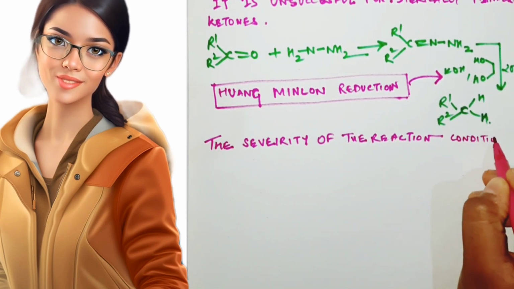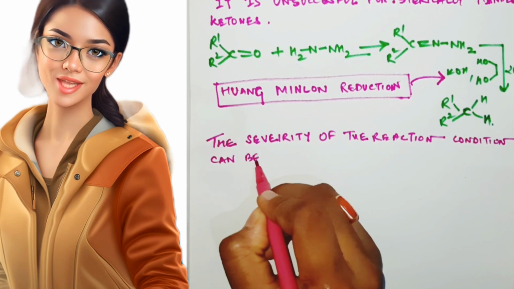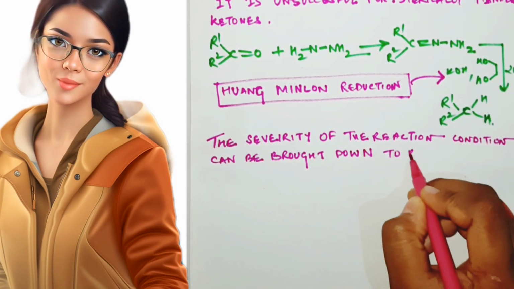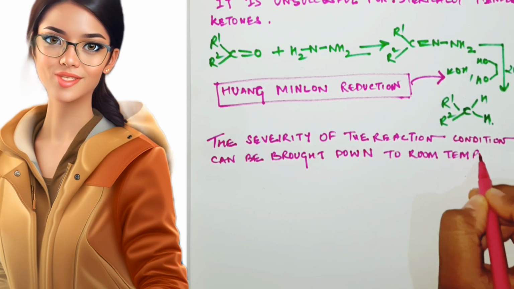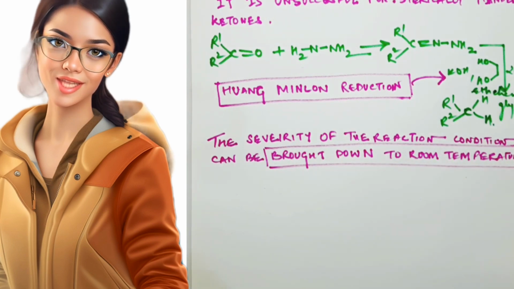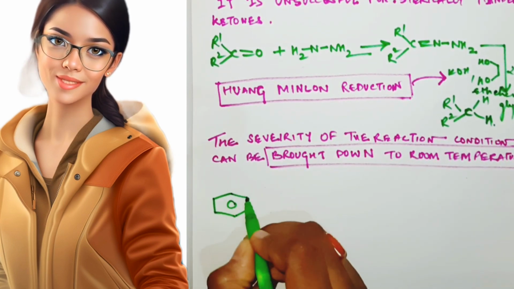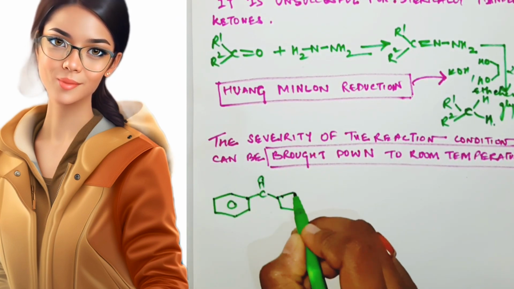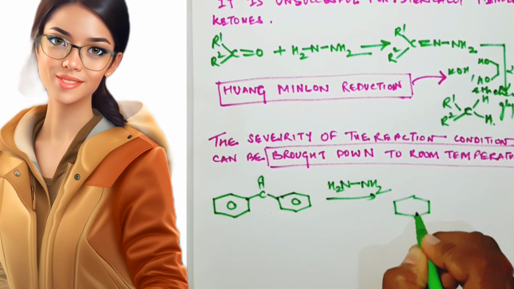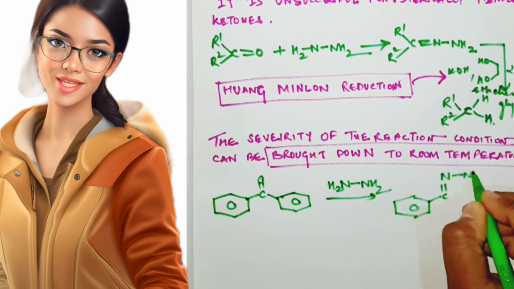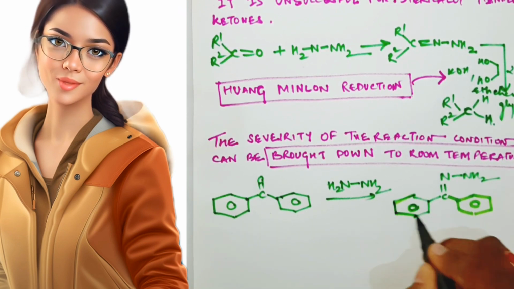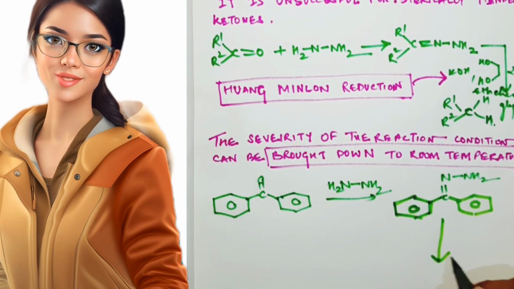Severity means that the reaction has to be done at a very high temperature and pressure. To reduce the temperature and pressure, we can use some reagent other than what was given, that is hydrazine. So it can be brought down to normal temperature if you have this kind of sterically hindered ketone, and if you react with hydrazine, again you are going to get the benzene ring, carbon double bond N and NH2 group.